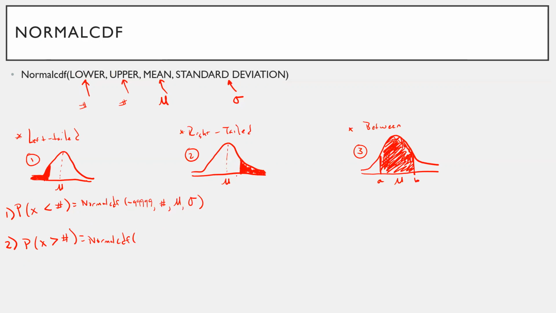It's going to start here with this number, whatever you have put in here. You go number, comma, and then your upper value is everything shaded all the way to the right, so you're going to put in 99999, some really large number. And then the mean for whatever the problem is, and then the standard deviation.